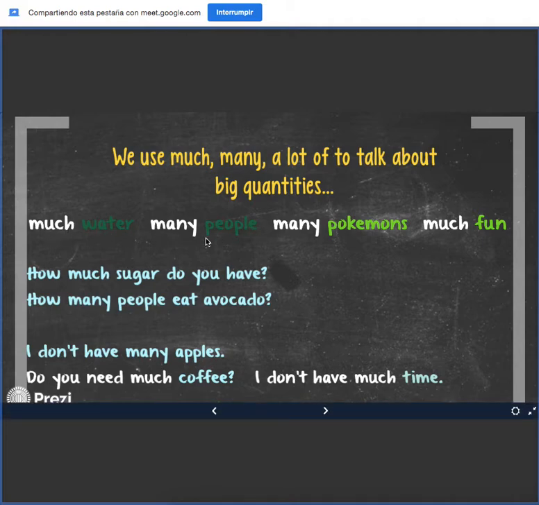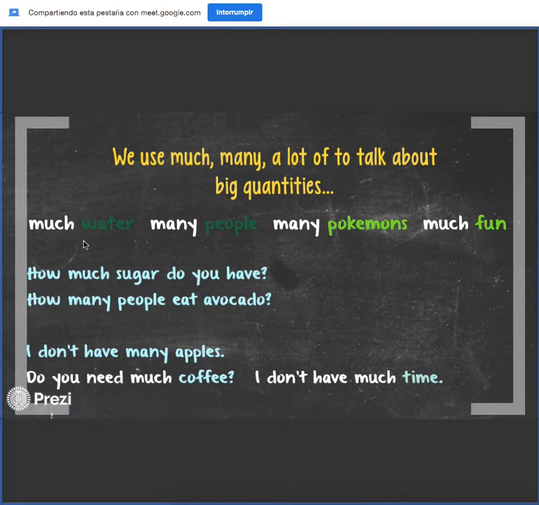So look at the colors, guys. Tell me, when do I use much? When do I use many? Someone told me that at the beginning of the class. ¿Cuándo utilizas much? ¿Cuándo utilizas many?